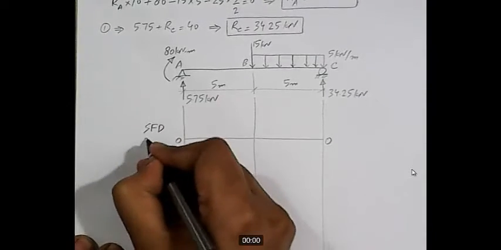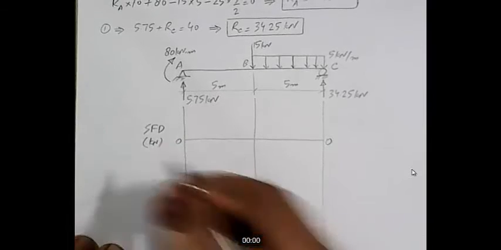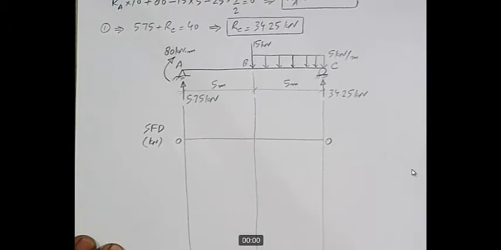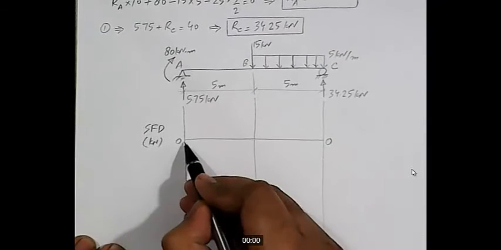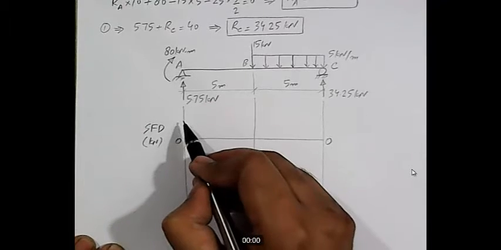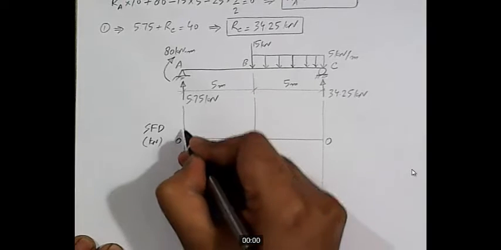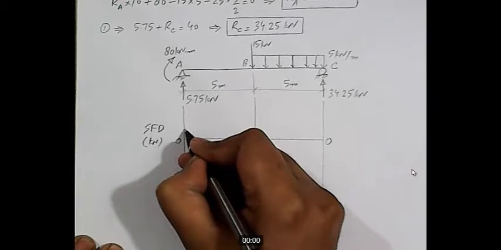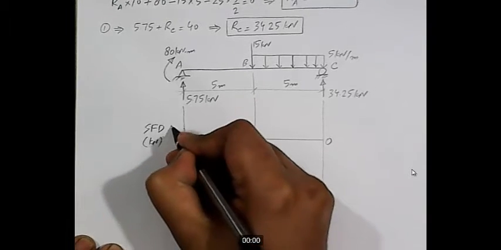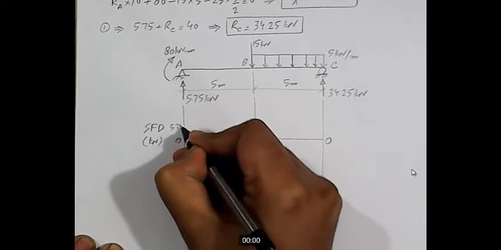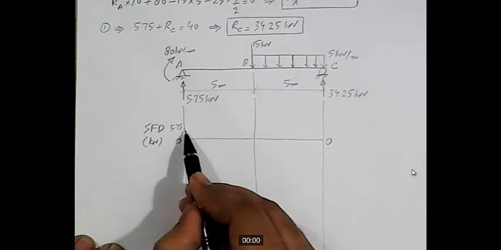SFD in terms of kilonewton. Okay. So at point A, which force is acting? This RA is acting in the upward direction. So this will bring SFD to a value of 5.75 here.